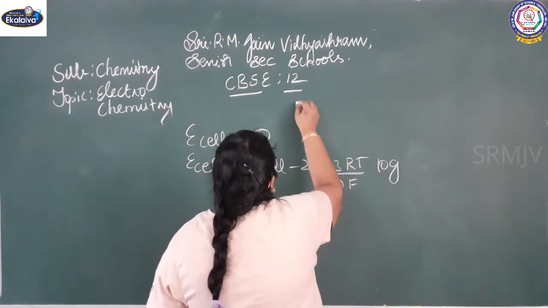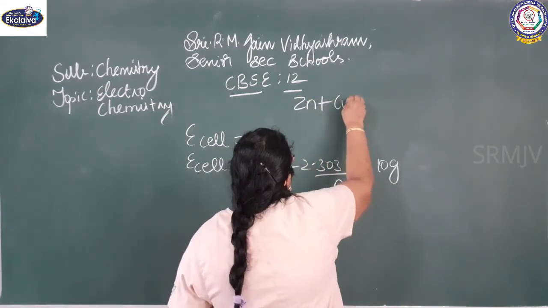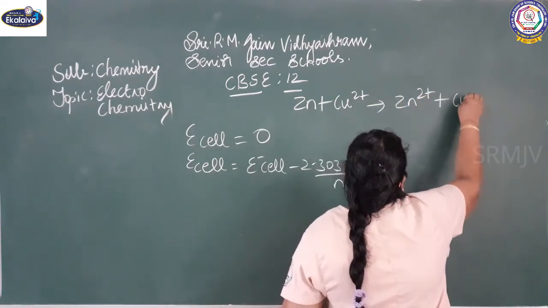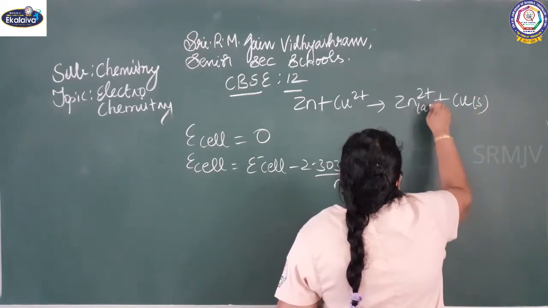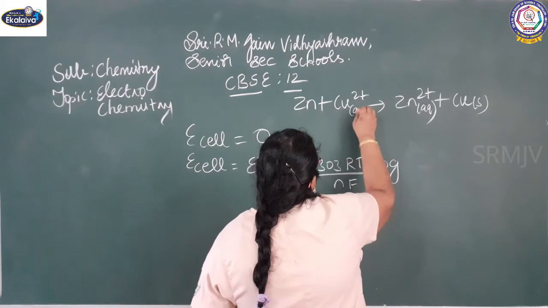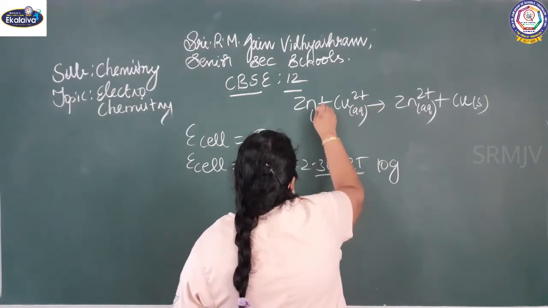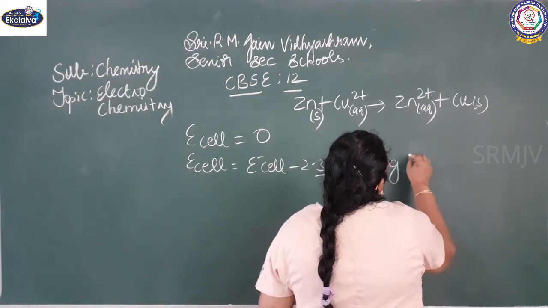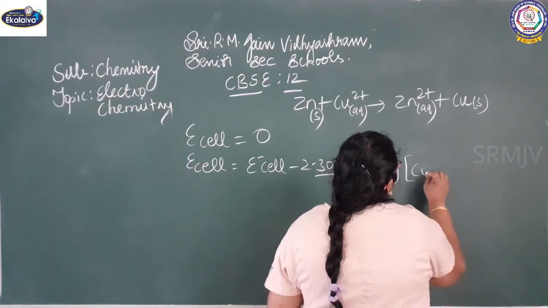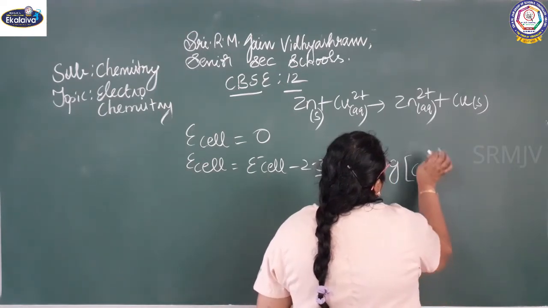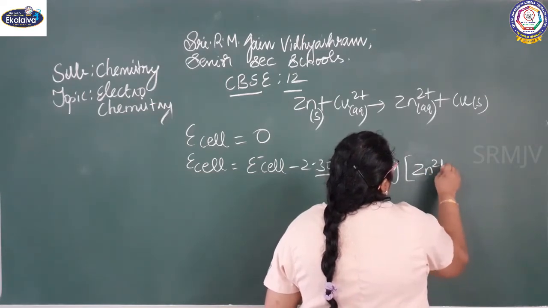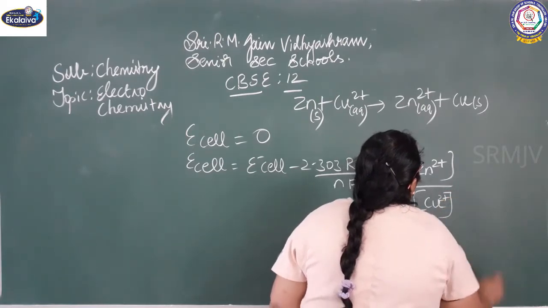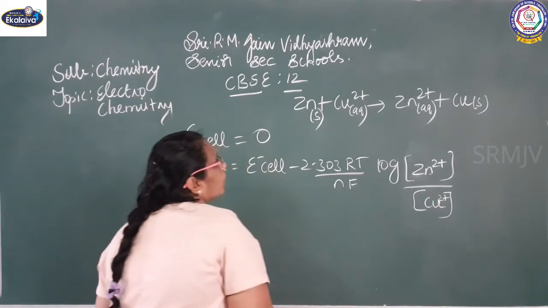So, what are the reactions? Zinc plus copper 2 plus gives zinc 2 plus plus copper. So, log of zinc 2 plus divided by copper 2 plus.